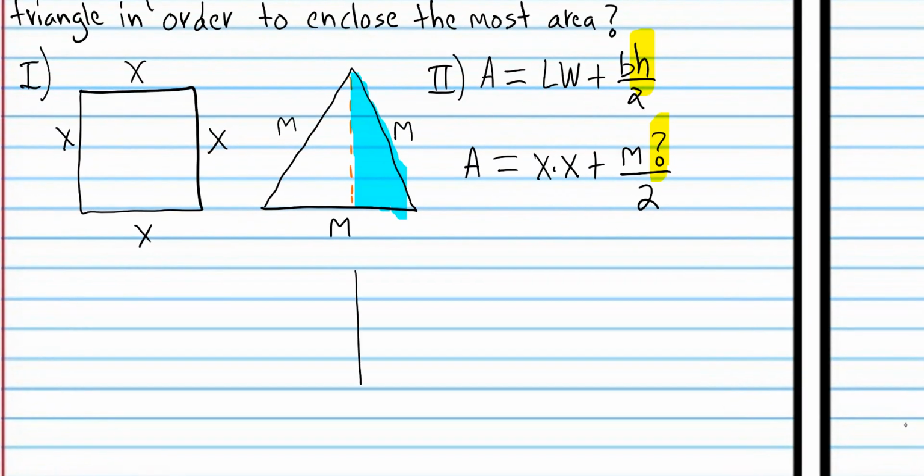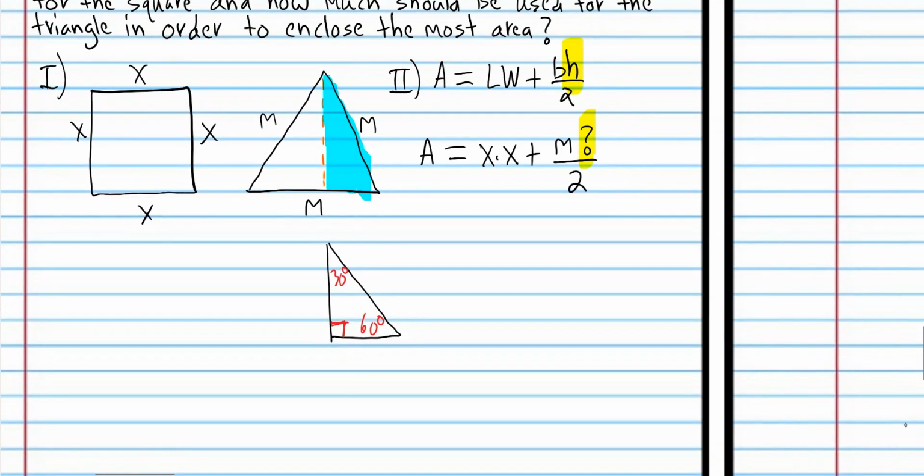And if we take out this blue triangle and analyze it, obviously this angle, as I mentioned, is 60 degrees, but we can assume that we're cutting this angle in half, so that would make this angle 30 degrees. And because it's an altitude, we're assuming that that angle is 90.